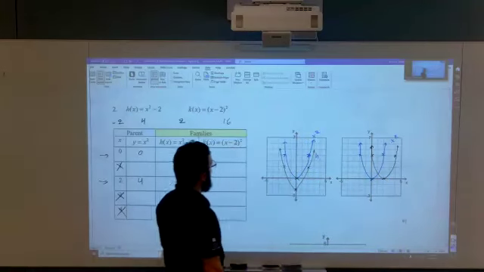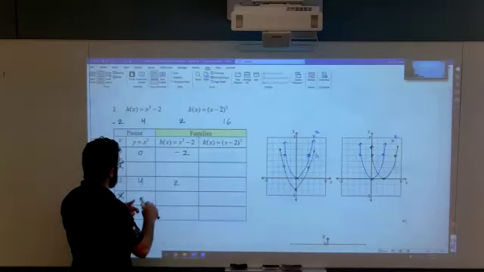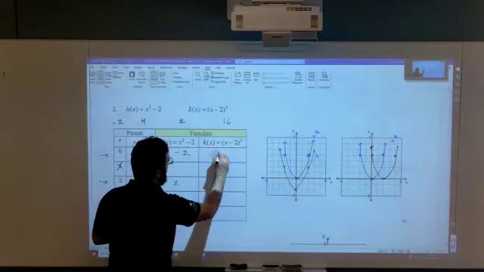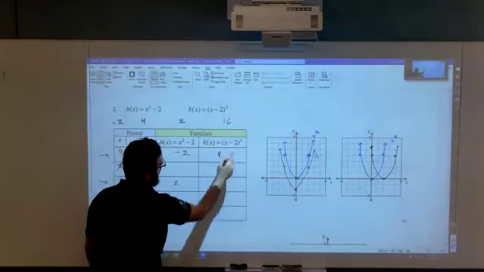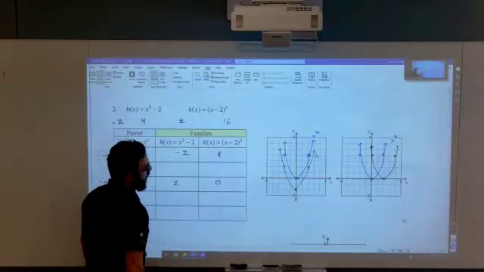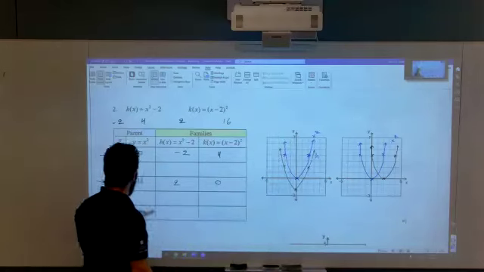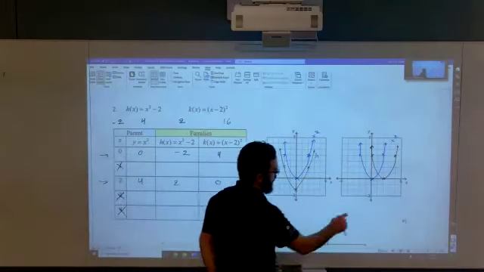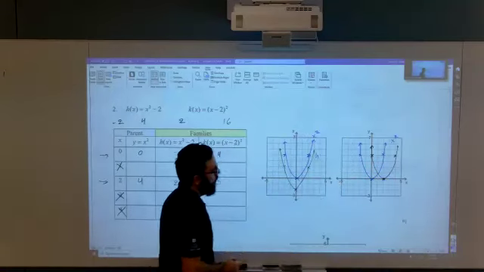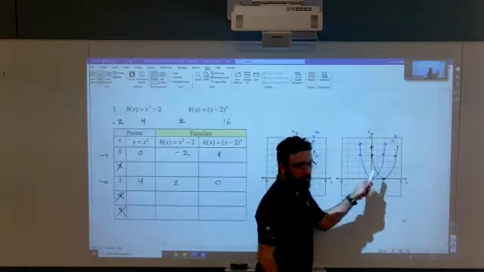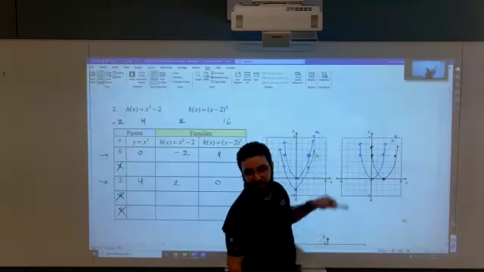And the other point, plug in 2: 2 minus 2 is 0, 0 squared is 0, so 2, 0. See, that's why we get only these 2 points. And the third one is going to be really off of the graph here.